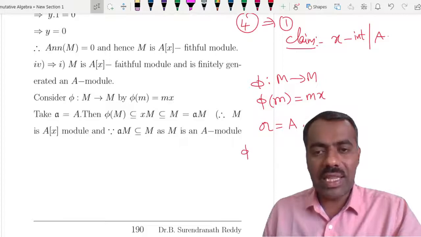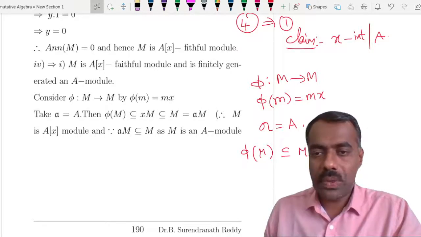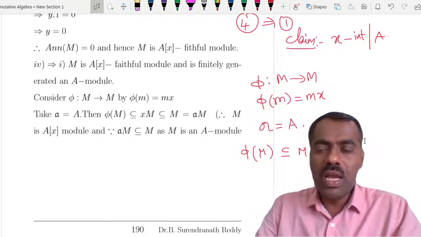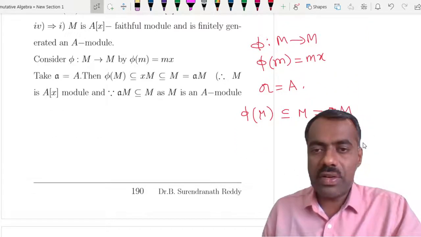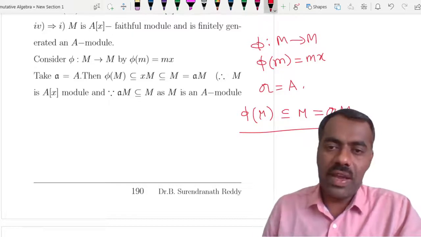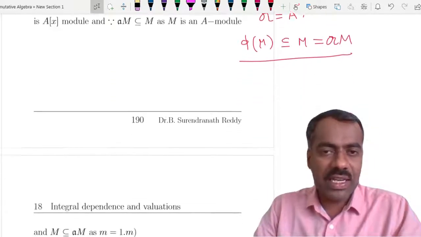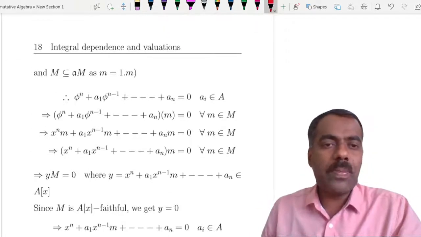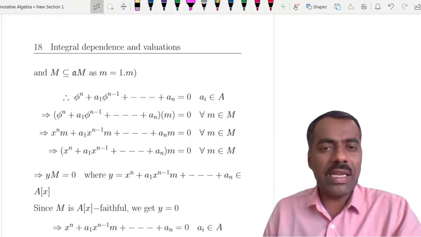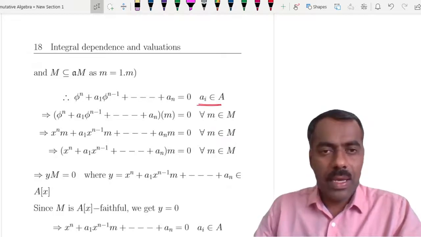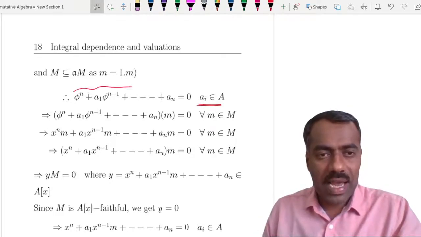Then we can check that phi of M is contained in M, but M is the same as aM because M is an A-module. So by the result we discussed earlier, whenever phi of M is contained in aM, phi satisfies an expression of this form: phi^n plus a1 phi^(n-1) and so on, plus an, is equal to 0, where these ai's are coming from A. But remember, whatever this left hand side is, this is a map.